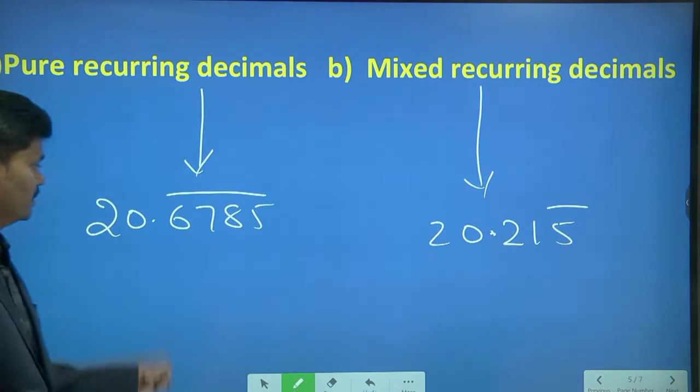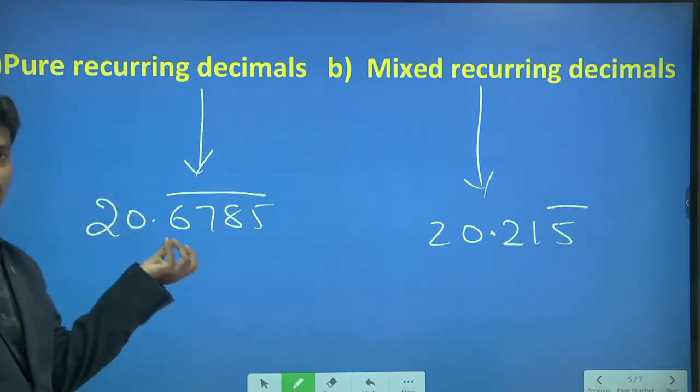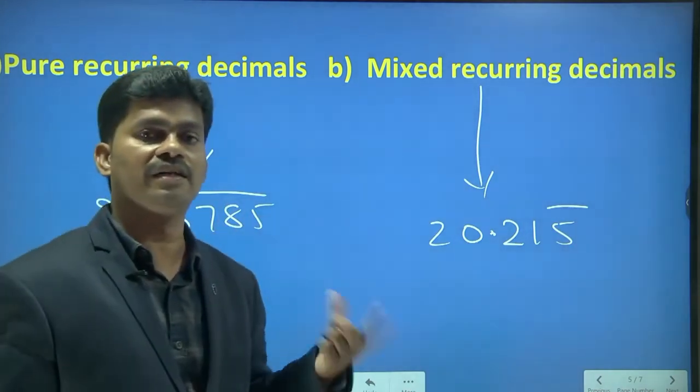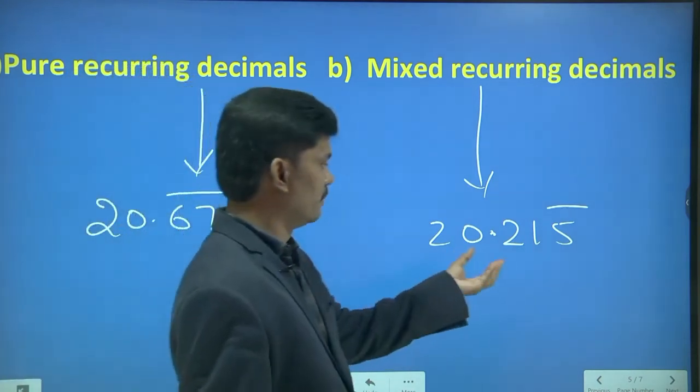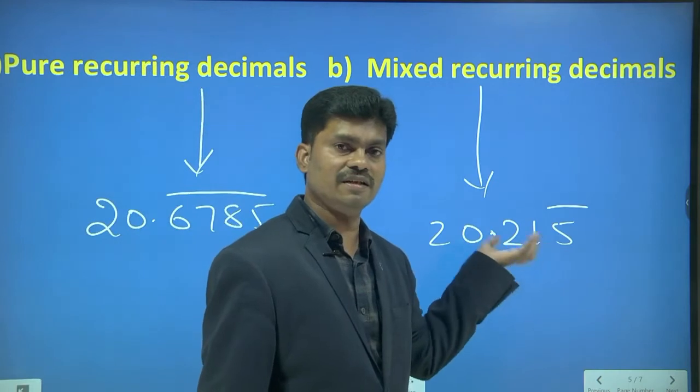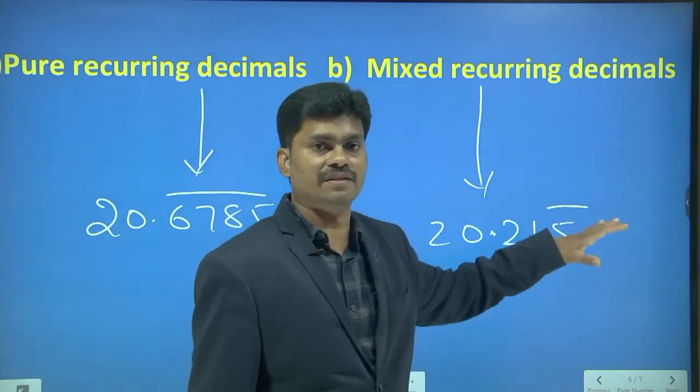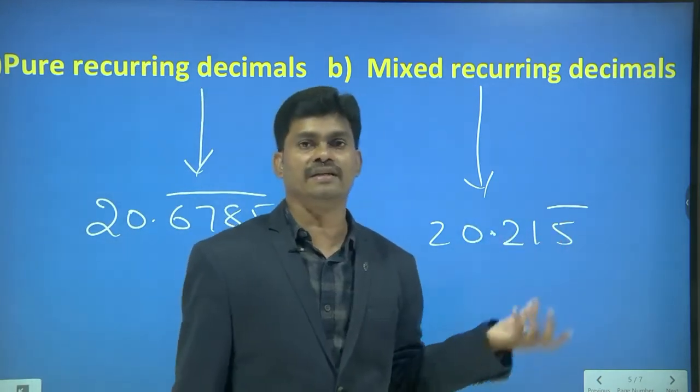See the difference. After the decimal, all the digits are repeating. But here after the decimal, some particular digits are not repeating. After some particular digits, we have repeated numbers.